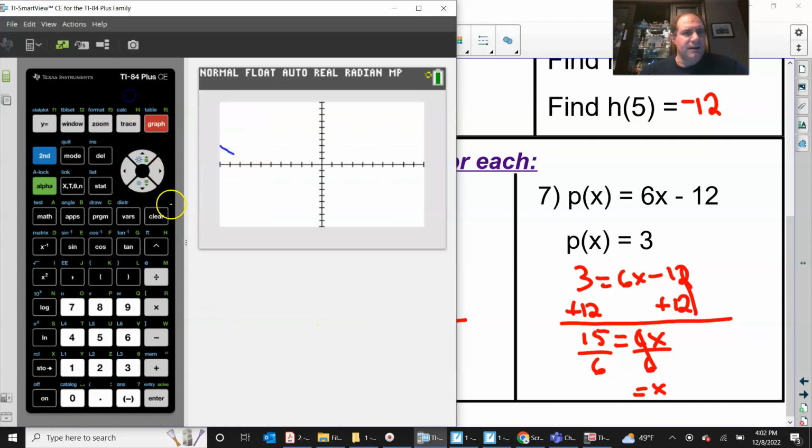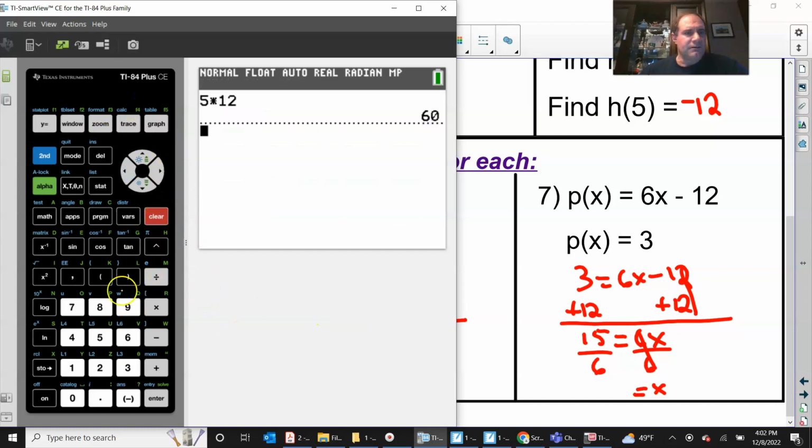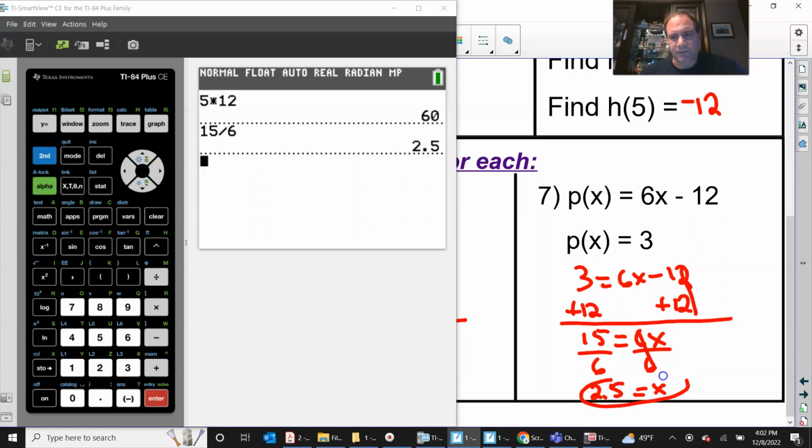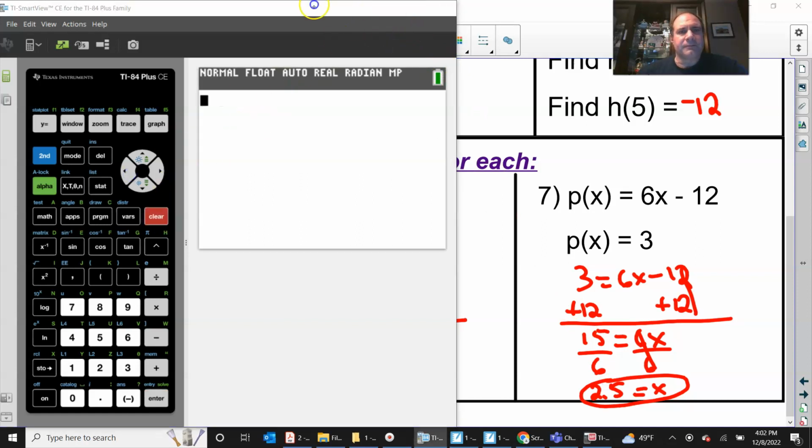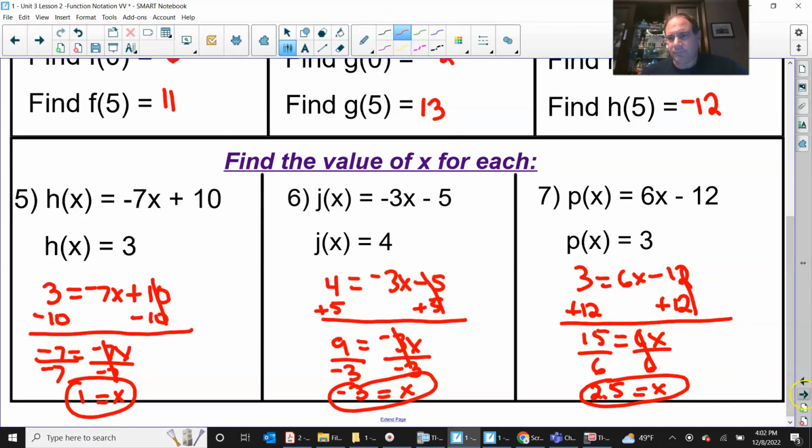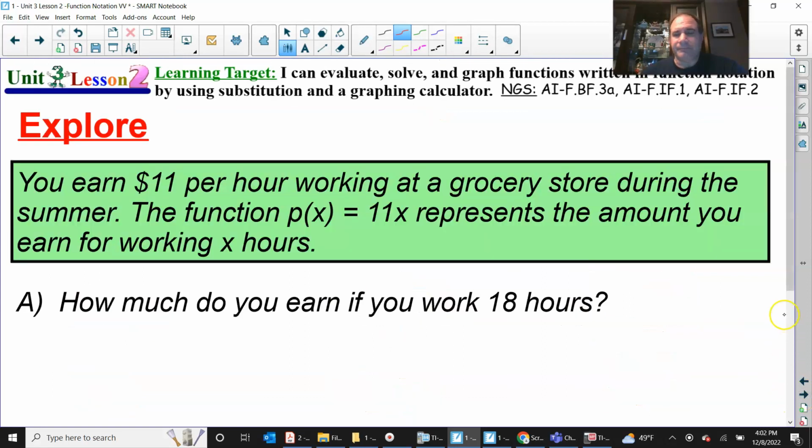So I'm going to just graph and clear. 15 divided by 6 is 2.5. Just to make sure. And that's that.